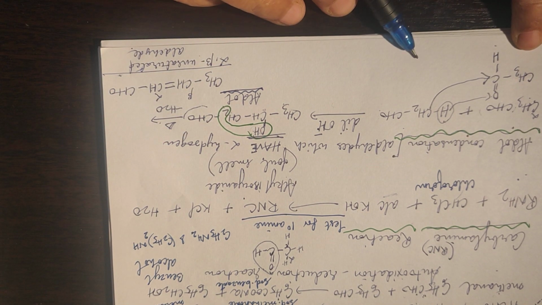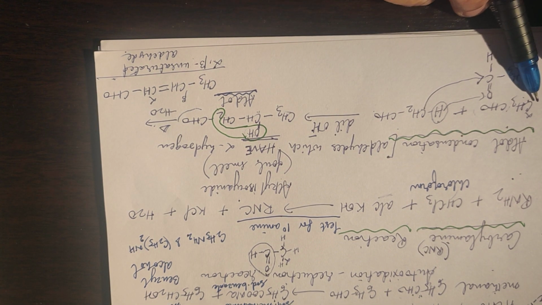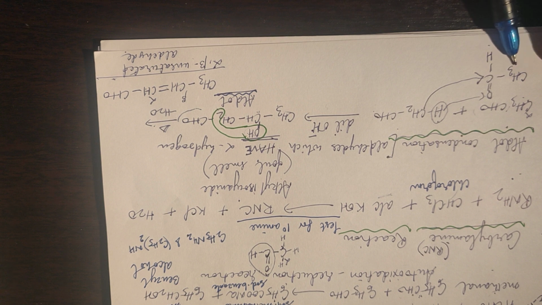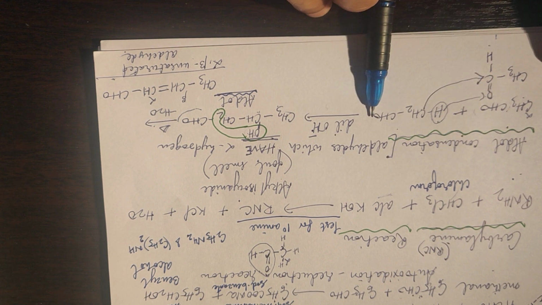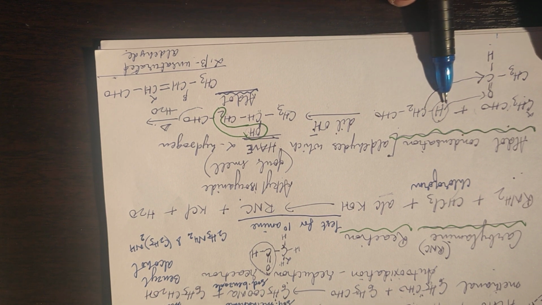Now how is that done? Here expand this structure of CH3CHO, the CH3 C double bond O hydrogen, and in the other molecule take out one of the alpha hydrogens, put it separately like this.